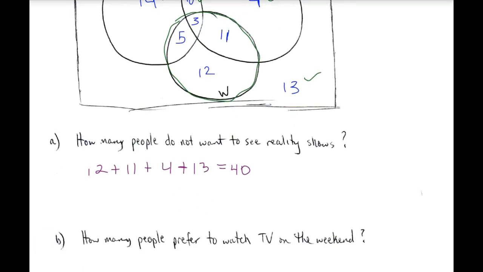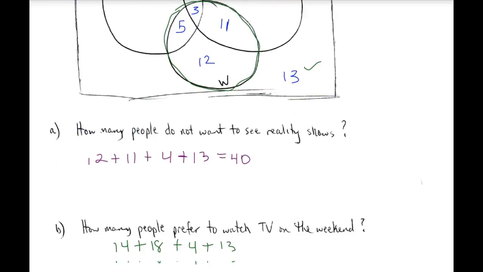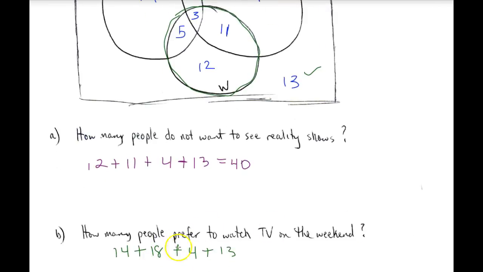So moving this down some, we have 14 plus 18 plus 4 plus 13. I want to make sure that I got that number right. Yep, that's 4. And so all we need to do is just add this up, okay? So 14 plus 4 here is 18, and 18 plus 18 is 36.